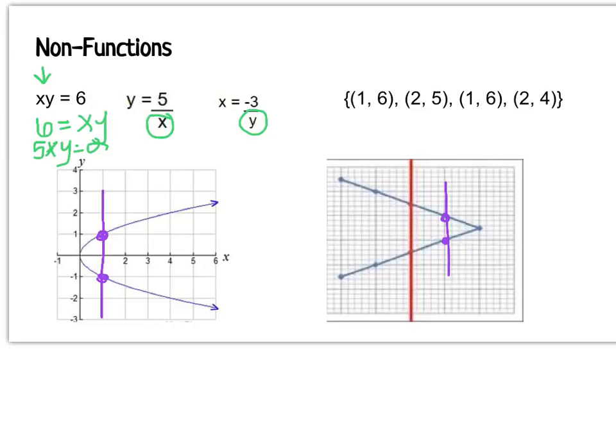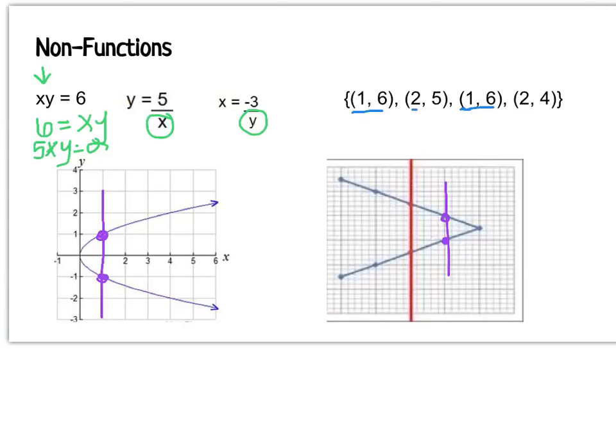And let's look at the ordered pairs. When I look at the ordered pairs, I see a couple different things. The x value 1 repeats, but it has the same y value. So that's so far so good.